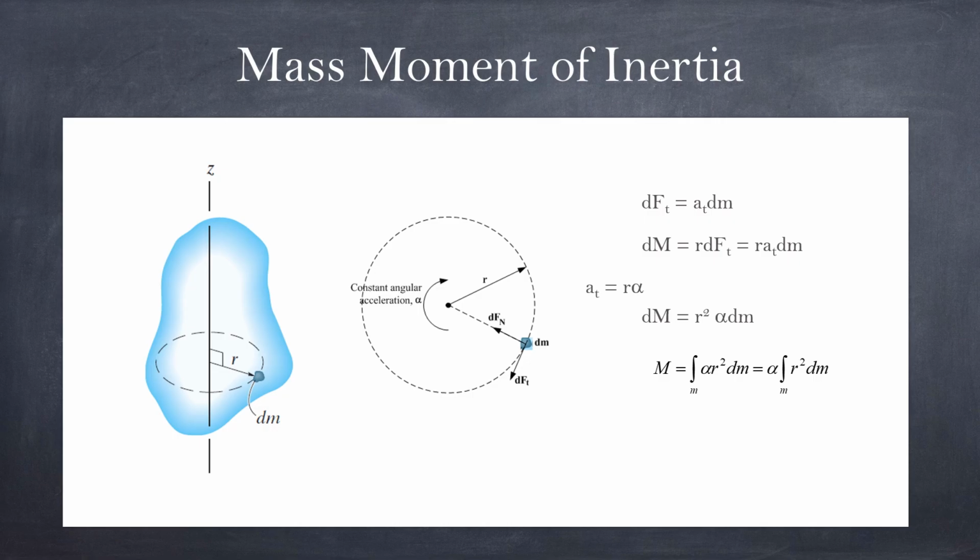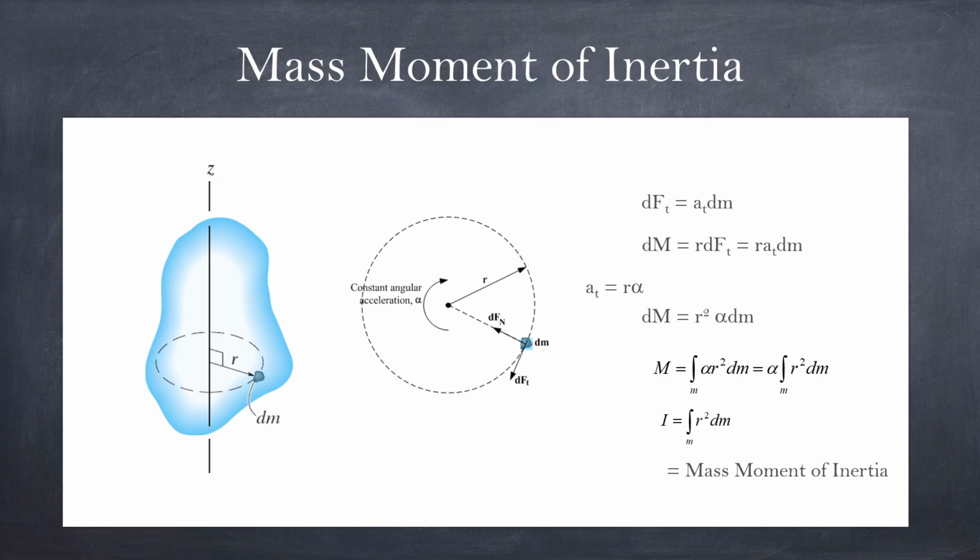F is a force, a is acceleration. Since F is a force in a line, a is an acceleration in a line, and m itself is a property of mass. So this is the same comparison. Moment is a rotational force, alpha is angular acceleration, and then of course a property of mass.